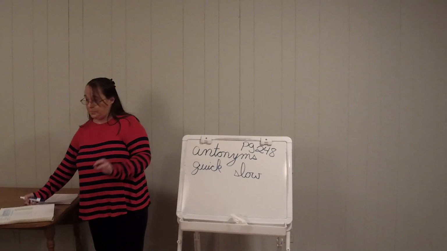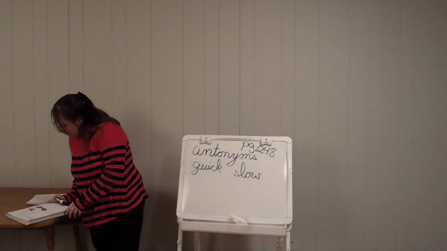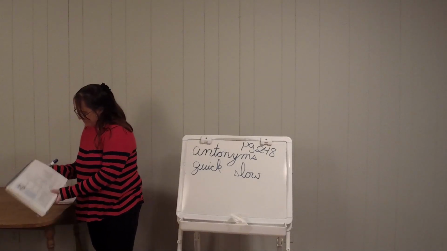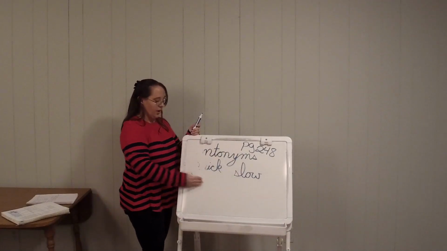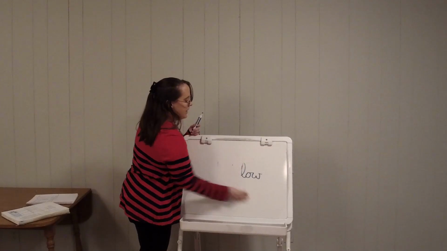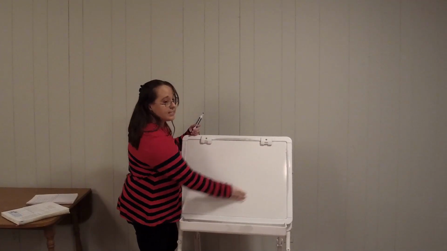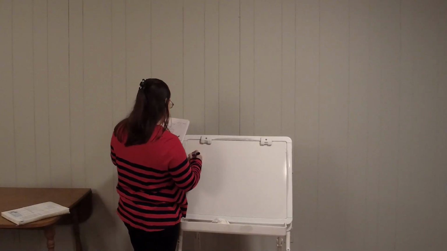It's the opposite. Okay? So we've gone over synonyms that are words that are alike and have about the same meaning. You have antonyms that mean the opposite. Now there's one last thing that you have to know about.